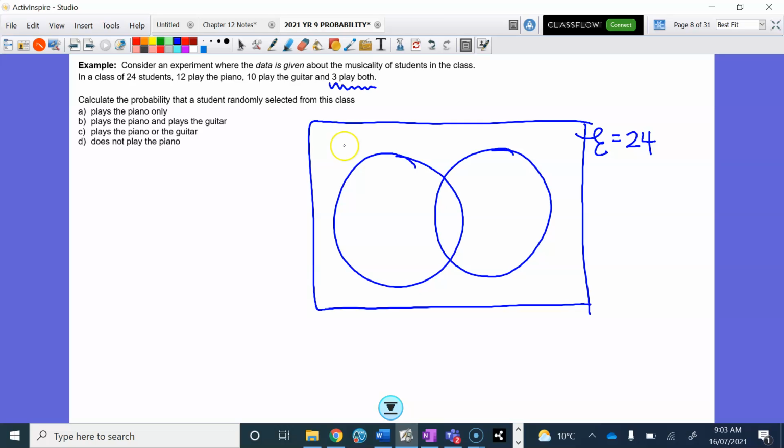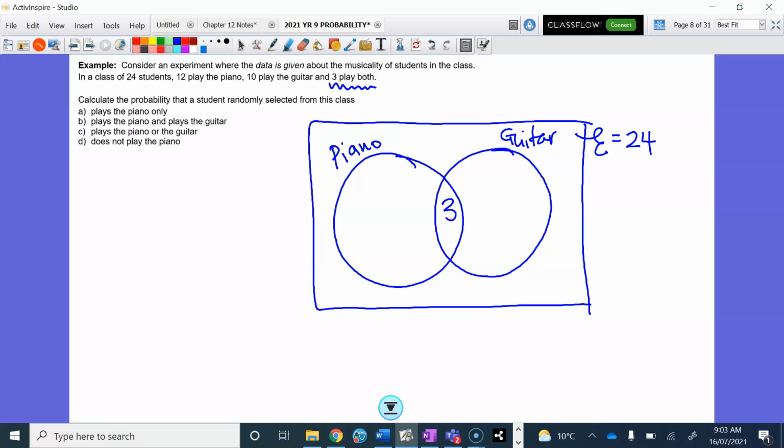We might label our little circles here, piano and guitar. The little bit that overlaps in the middle is the students that play both the guitar and the piano. So we know there that we've got 3 students that play both instruments.